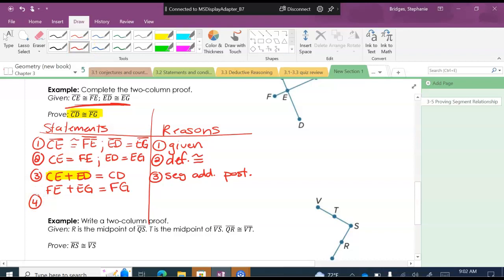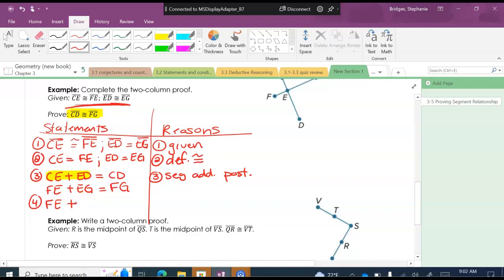Let me ask you a question. What else does CE equal? Okay, if I'm looking at this statement, I want to replace this. What else does CE equal? FE. So can I take that CE out and put FE there? Okay.